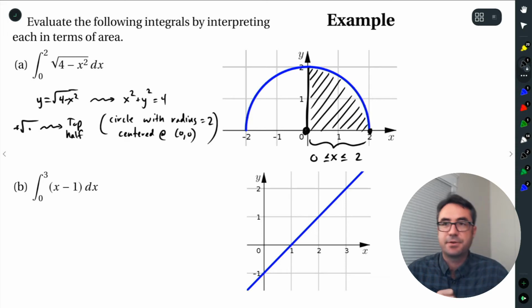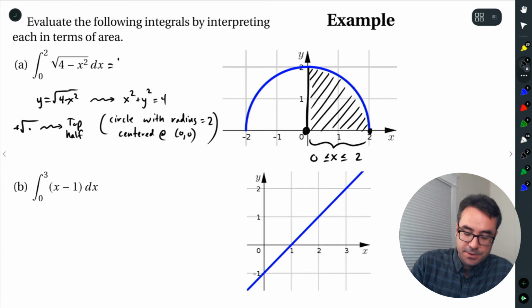All right, so what this integral represents is just the area of a portion of our circle. So this is just the area of 1/4 of a circle.